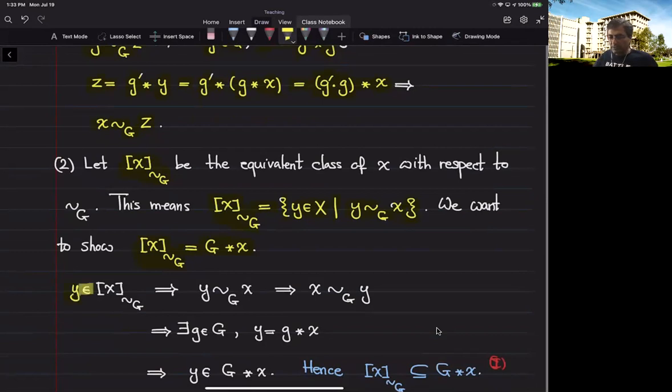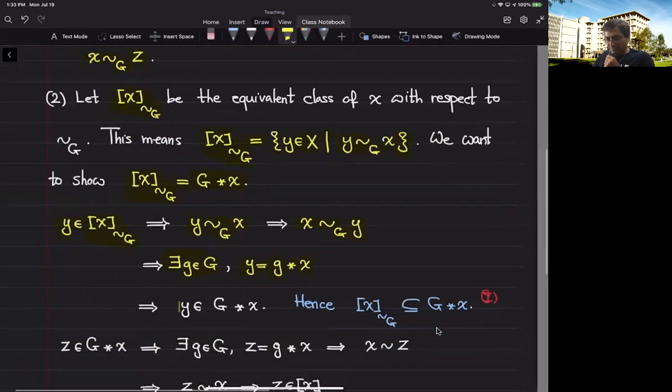Let's start with a point inside the equivalence class of X. That means that X is G-similar to Y. Now, because this is a symmetric relation, that also implies that Y is G-similar to X. That means Y is G acting on X for some element of the group, small g.